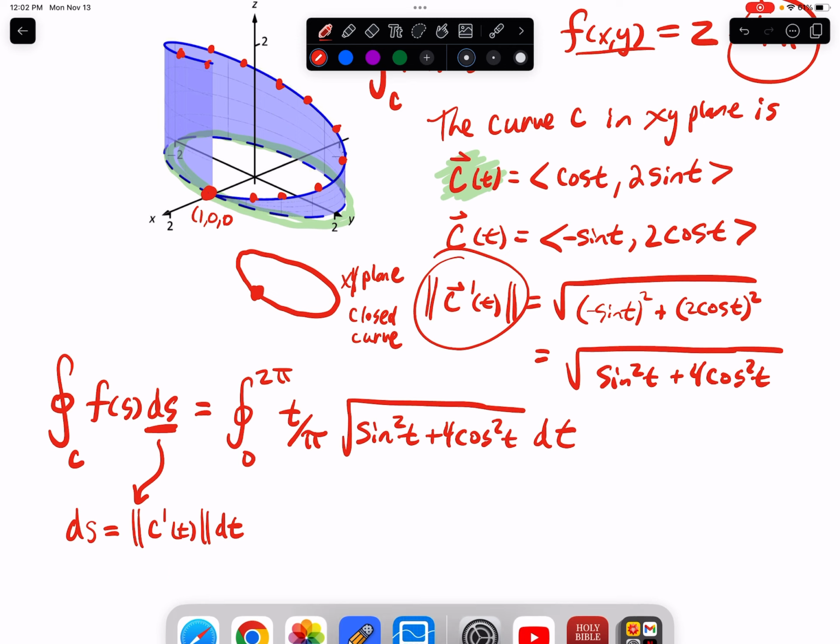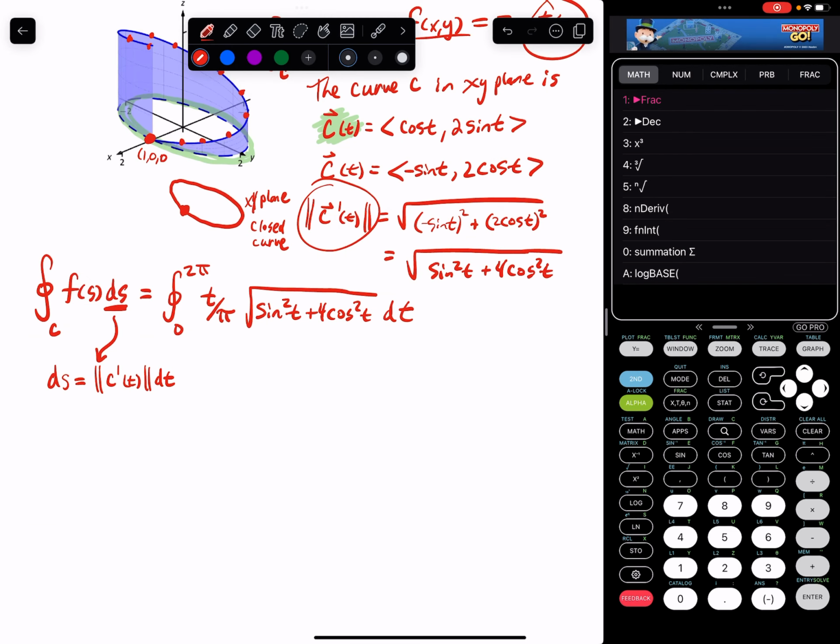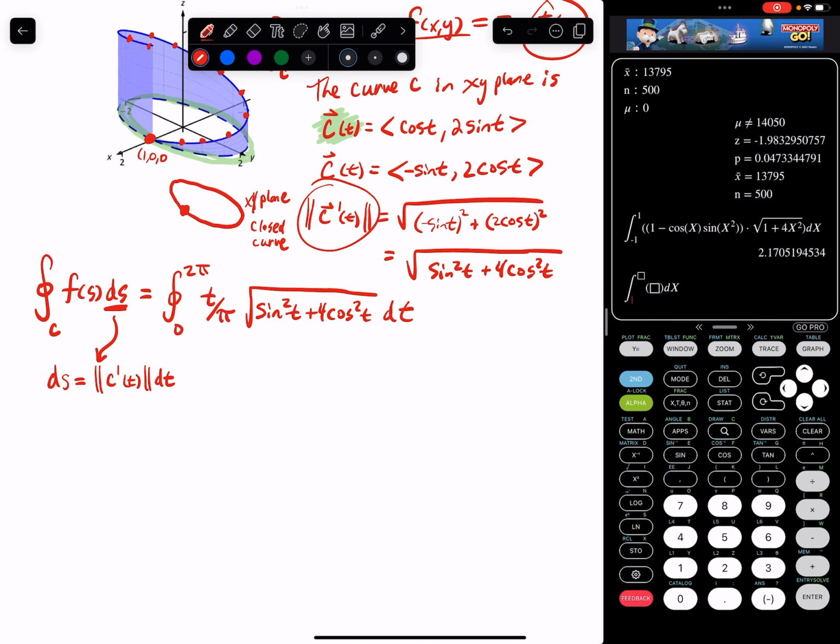And once again, I'm going to type this into my calculator. So if I type it in: math, definite integral, 0 to 2 pi.